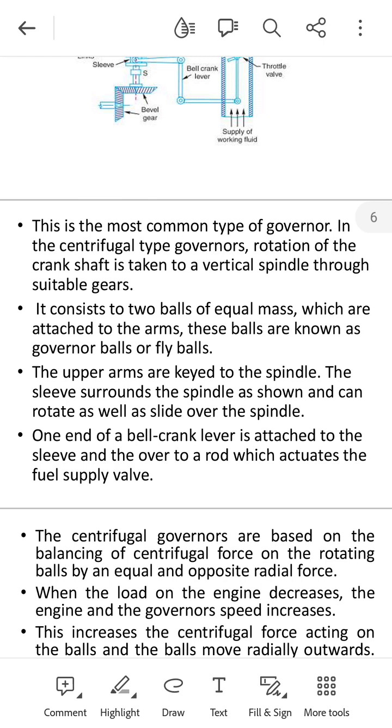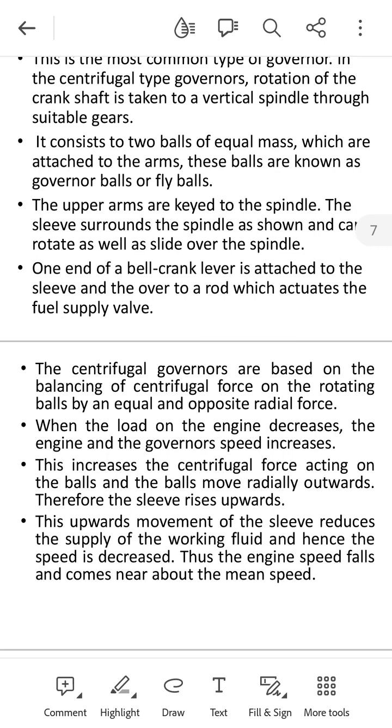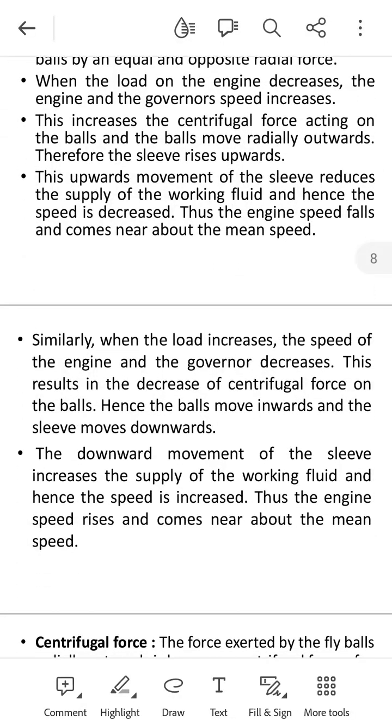When the load on the engine decreases, the engine and the governor speed increases. This increases the centrifugal force acting on the balls and the balls move radially outwards. Therefore, the sleeve rises upwards. This upward movement of the sleeve reduces the supply of the working fluid and hence the speed is decreased. Thus, the engine speed falls and comes near the mean speed.